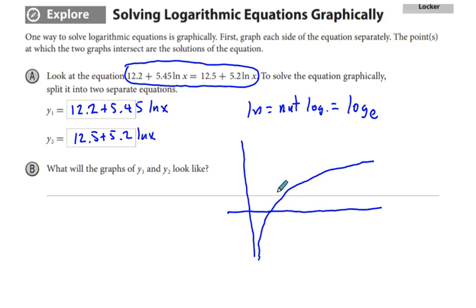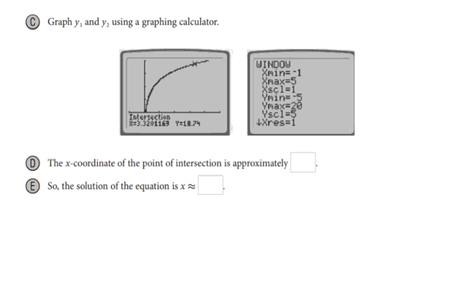And it is the inverse of the exponential function of the same base. So we're going to see two graphs like this in this general shape. They're going to cross at some point, and that point where these graphs cross is going to be our solution, or the x value. And so it says graph y1 and y2 using a graphing calculator.